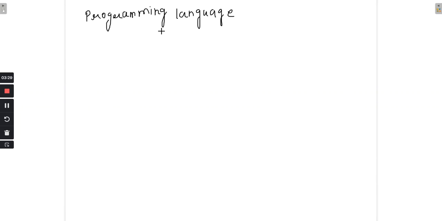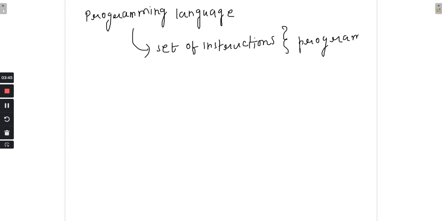Now, using a programming language, you write a set of instructions. This set of instructions collectively is called a program, right? Now, the entire program has to be translated to a series of zeros and ones. Who does it?